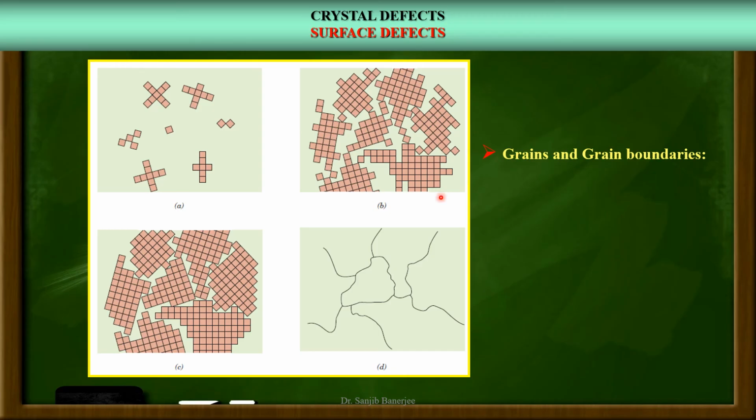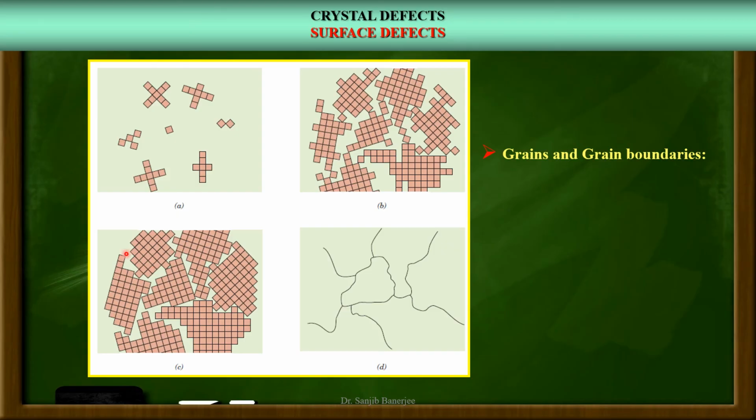Due to the difference in crystal orientations, these grains can be distinguished from one another under a microscope. In the third figure, we can clearly see the different grains having the same crystal structure but having different crystal orientations.